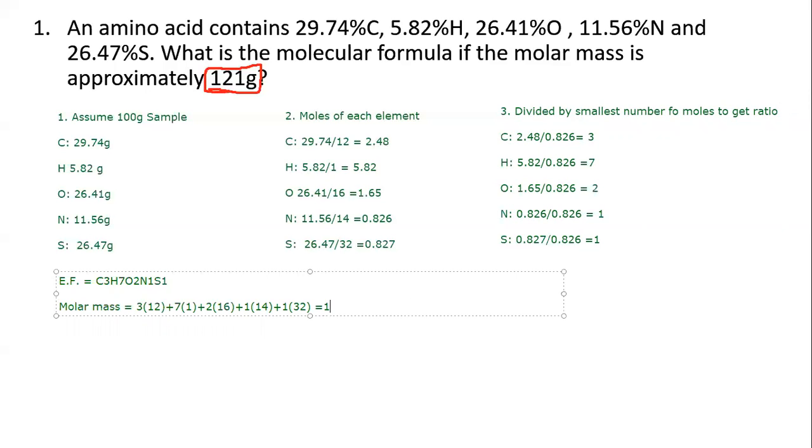I got a bad luck at picking out these problems. So we have a molar mass of 121. So in this case, N is 121 over 121, which is 1. So therefore, the empirical formula is the same as the molecular formula.